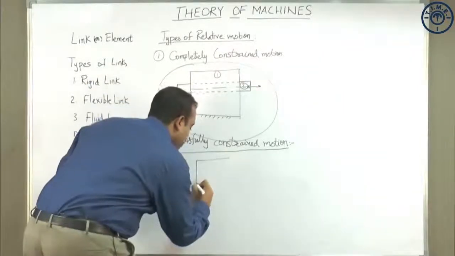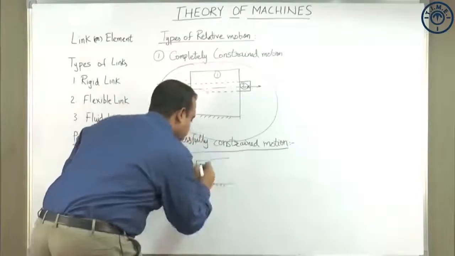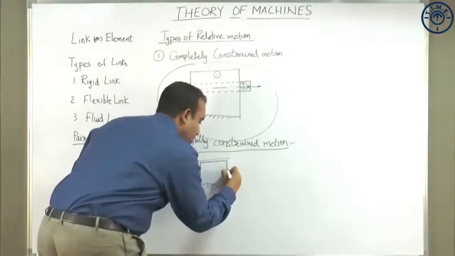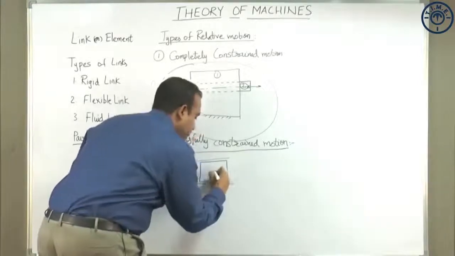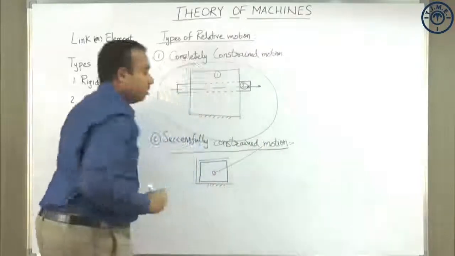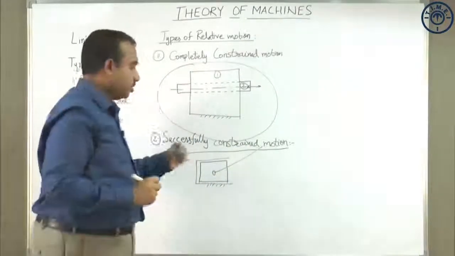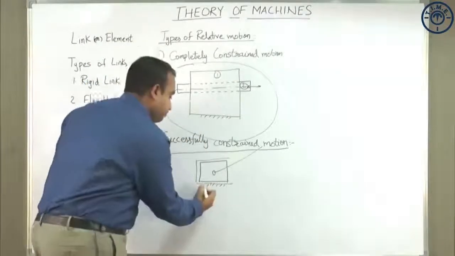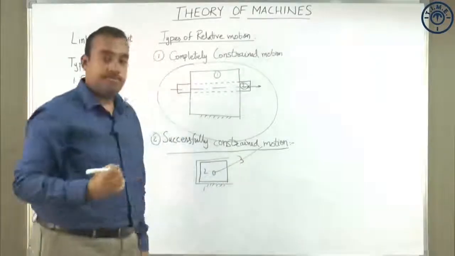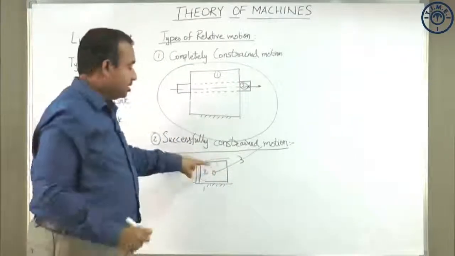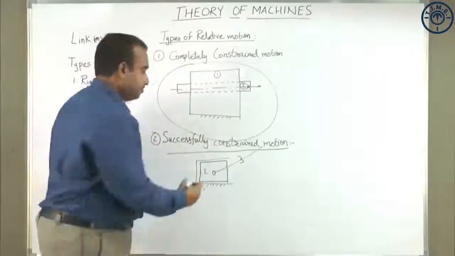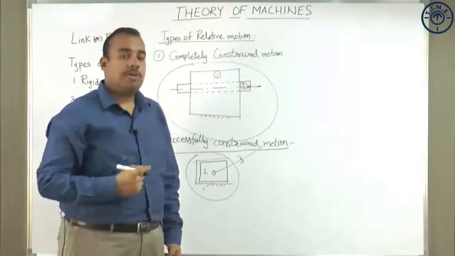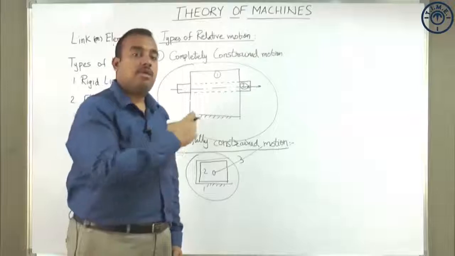Let us take a cylinder, piston, and the connecting rod which is connected to the piston. Totally 3 links are present here. One is a cylinder, 2 is the piston, and 3 is the connecting rod. Let us define just the piston and the cylinder as the system. So, as links 1 and 2 are the part of the system, link 3, which is the connecting rod, is external to the system.